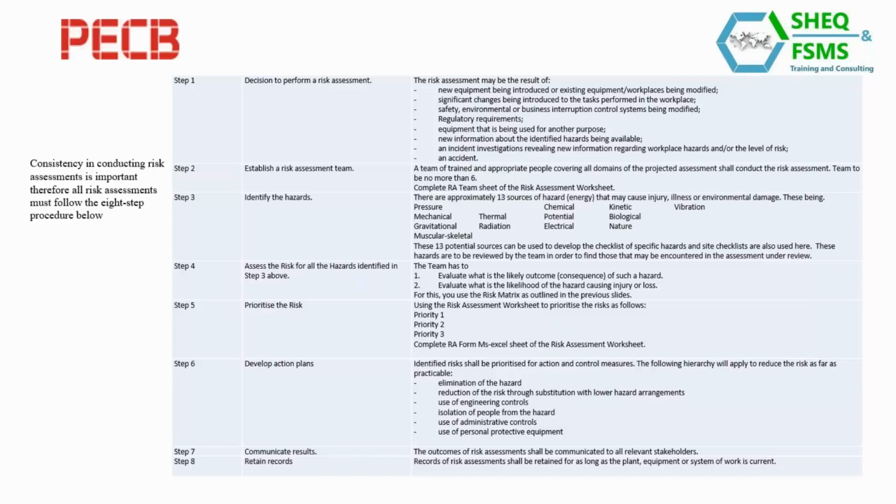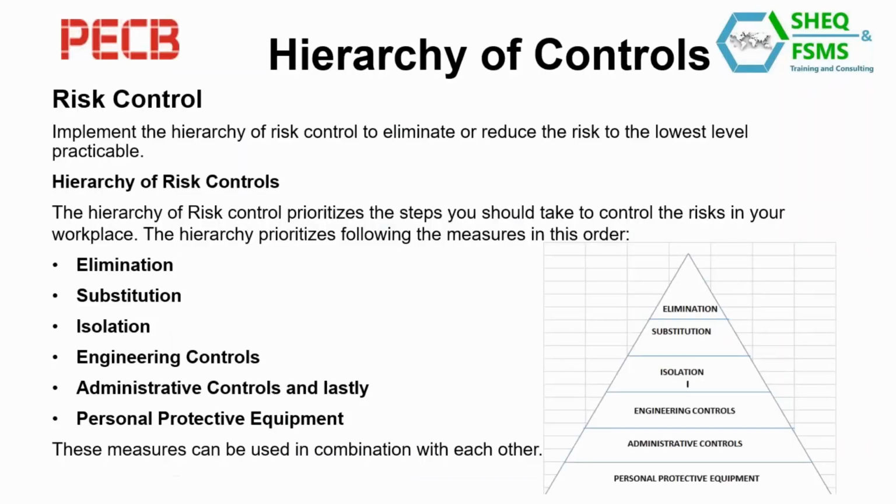Hierarchy of controls. Risk control. Implement the hierarchy of risk control to eliminate or reduce the risk to the lowest level practicable. The hierarchy of risk control prioritizes the steps we should take to control the risks in your workplace.